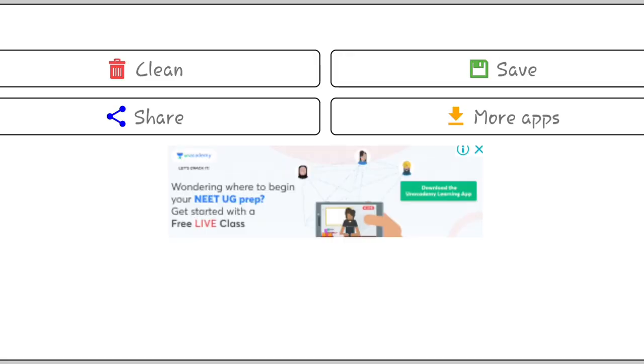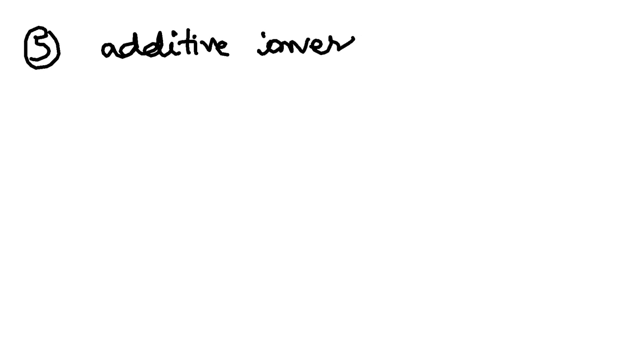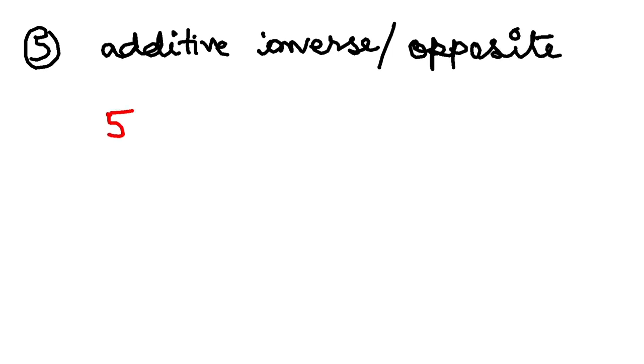Then next, number 5. Property 5 is the property of additive inverse, and sometimes it is also called the opposite. What is the opposite of 5? The opposite of 5 is minus 5. What is the opposite of minus 12?